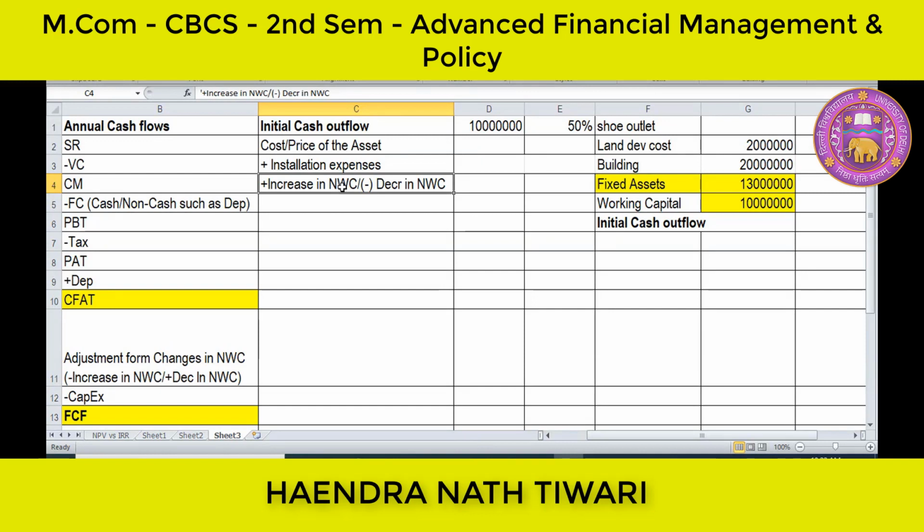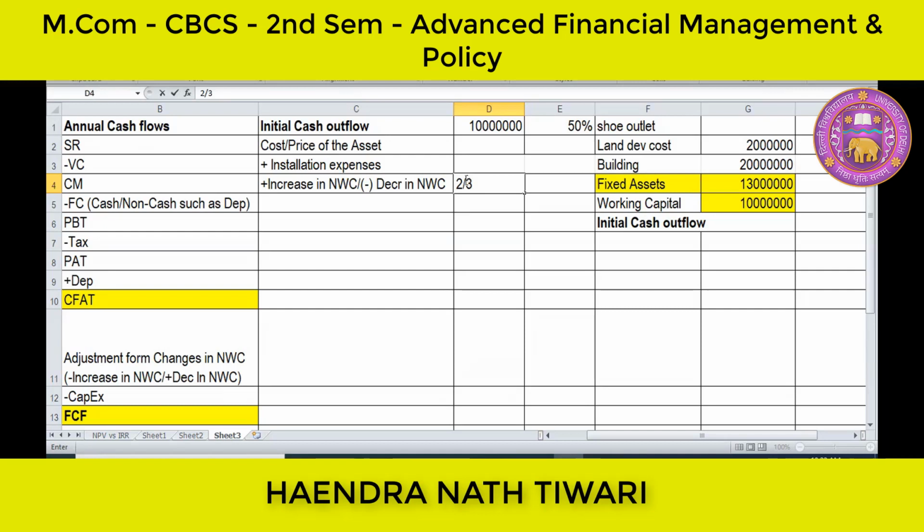It may be that they don't go up. How? Let's see. Suppose you bought a new advanced machine that will produce the same number of units, but it will consume a lesser number of raw material. So earlier, your output input ratio was, let's say, 2 to 3.